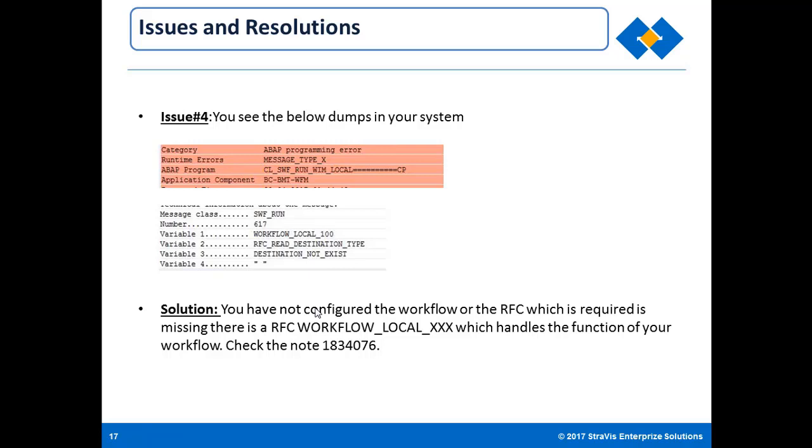For that, I would request you to see note 1834076, which would give you a detailed description on how to configure. You have to configure an RFC which would be locating your workflow. If you see the variant, you see that the workflow local 100 is not configured. So you have to configure a workflow RFC which would help you get rid of this error.